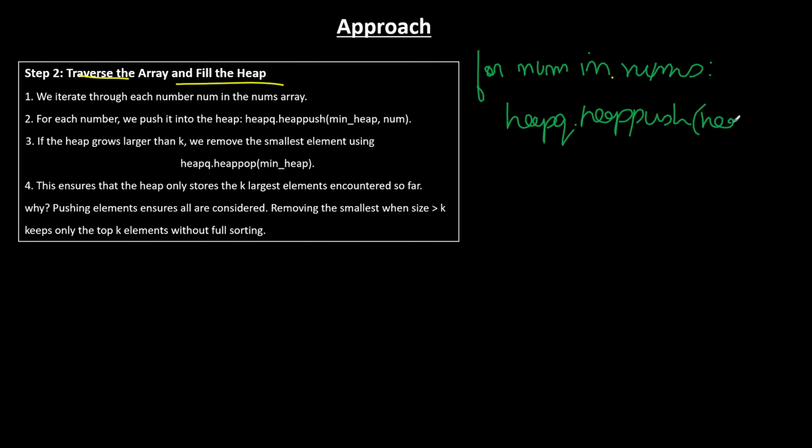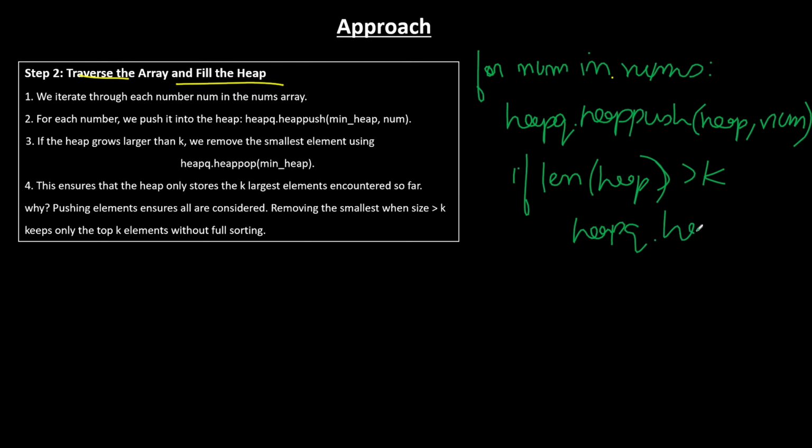Here will be our heap list, and this will be the num which we are going to push. After that, we will check if the length of the heap is greater than k, we'll just do heapq.heappop from the main heap.